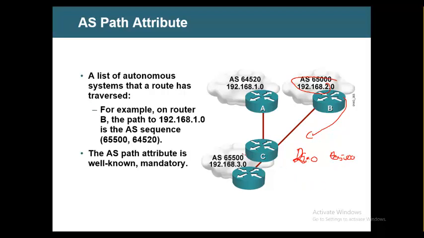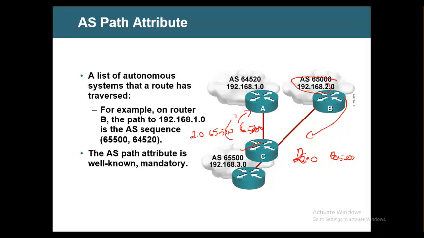Now C receives it, and when C propagates it, it will say, I'm giving you 2.0. I am 65500. I received it from 6500. That is how C will advertise to A.